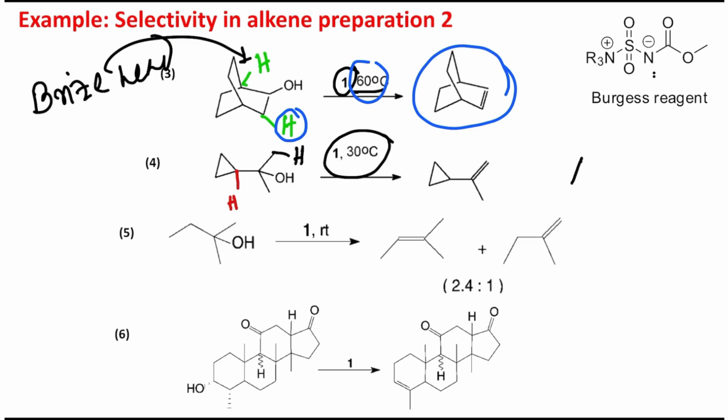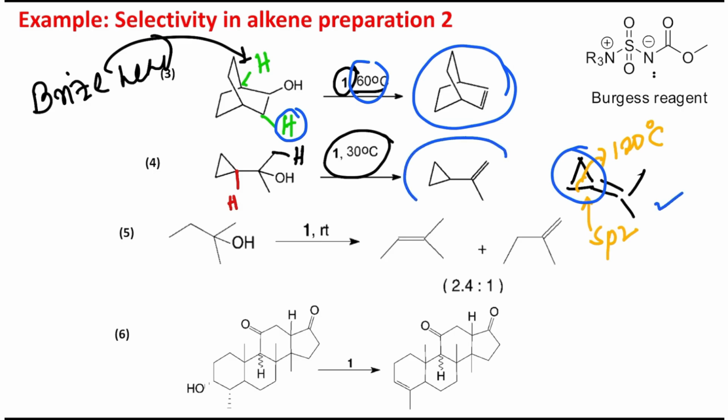Student, if it's eliminated, what will be the product? This is the product. Now see, this is the sp2 carbon attached to the double bond. This angle should be 120 degree, because in case of sp2 the angle is 120 degree, but because of this three-member ring or cyclopropane ring, it will have a significant ring strain. So that's why it is not produced, this is produced.